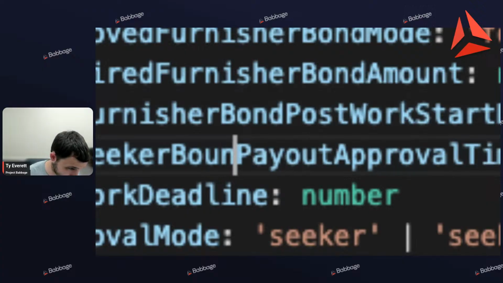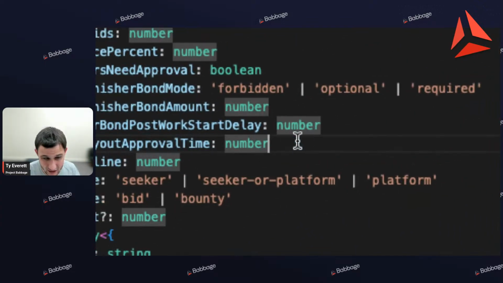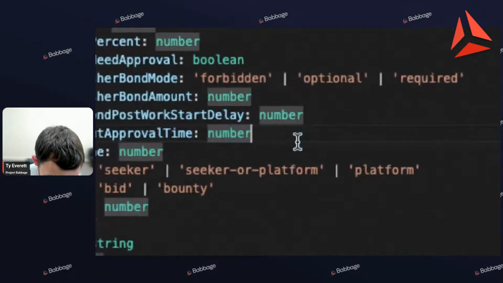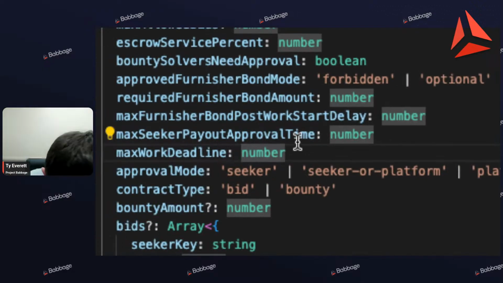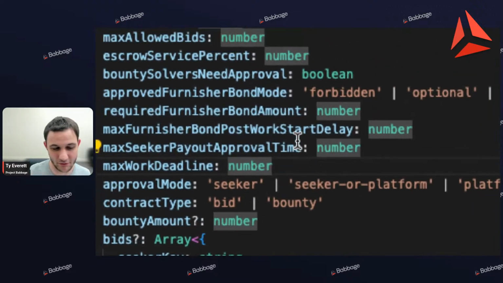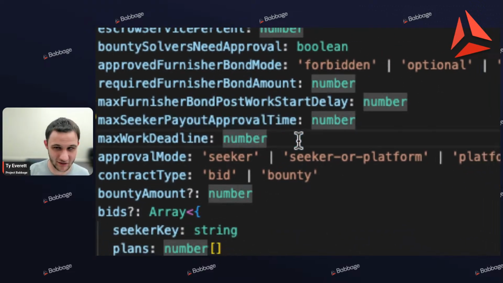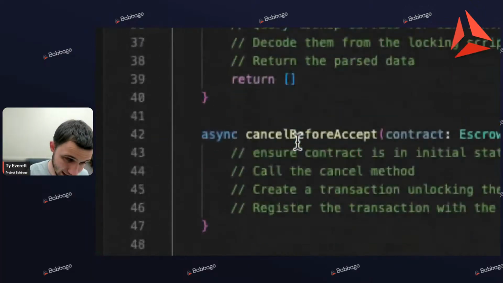I think I'm going to get rid of the word bounty out of here, though, because it applies to actually everything. I didn't realize that until now, but it certainly does. There is a number of seconds that the seeker has to approve. Could be a lot of seconds, could be a few days, could be years. Well, that'd be a really long time. But the seeker has a certain amount of time to approve after work has been submitted before the payout is made. The dispute can happen only after that.